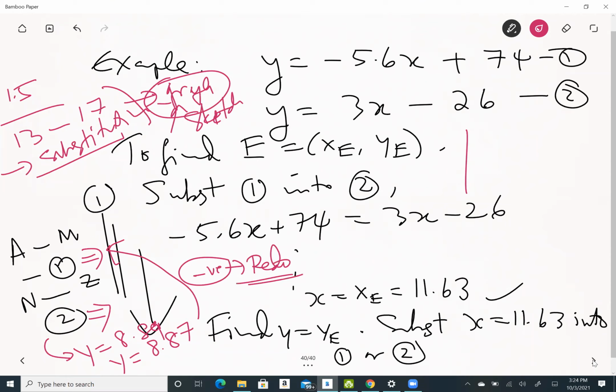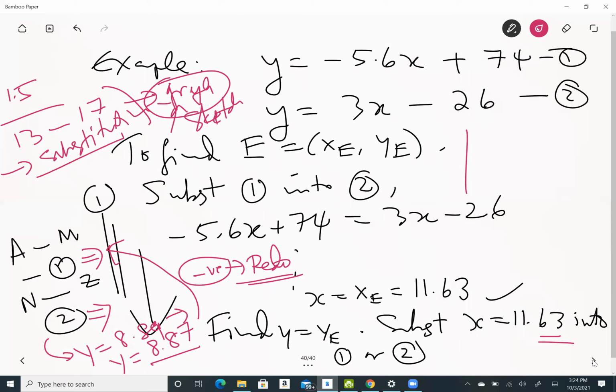If you have not finished, I would like you to finish it up. You see here, you got 8.87, 8.89. The difference is very, very small, because you substitute into a different equation. You have the decimal points here, so it may be different, but the difference is just maybe the 3rd or the 4th decimal point, so it will not be a very big difference.